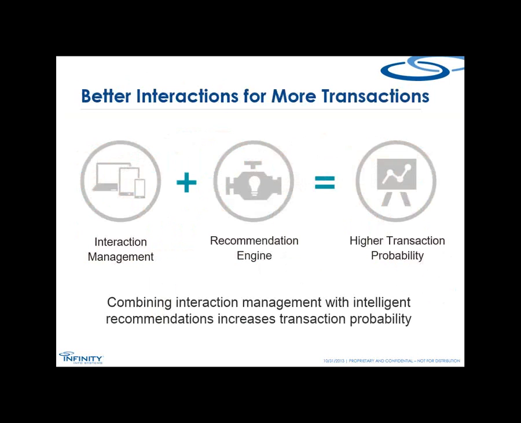Aside from talking about our heritage and mobility, this is the essence of where we're building software going forward. The 2 pistons that we believe in are what we're calling the interaction management capabilities and the recommendation engine.